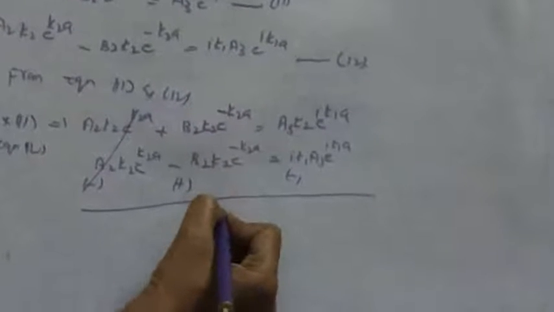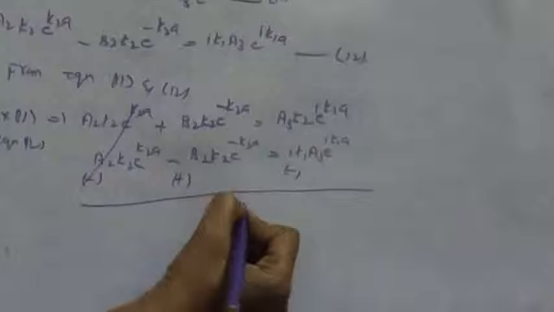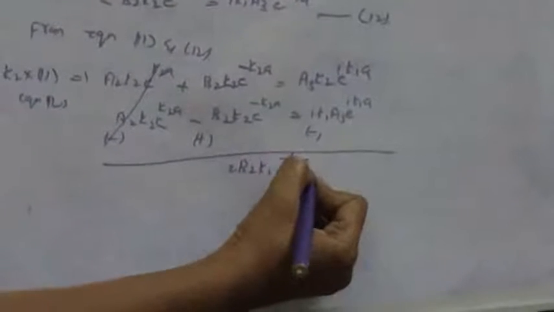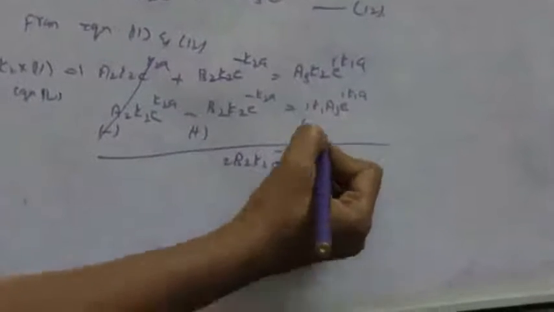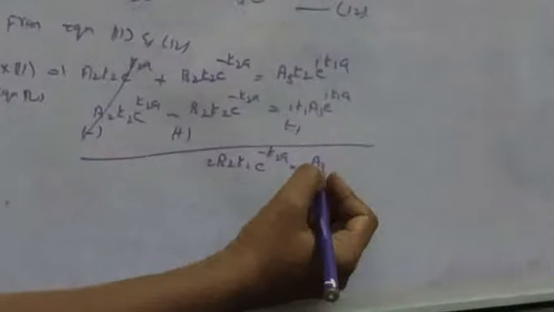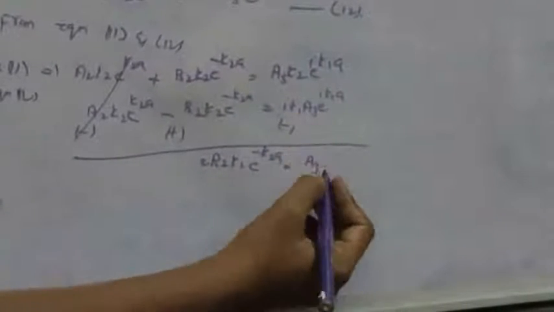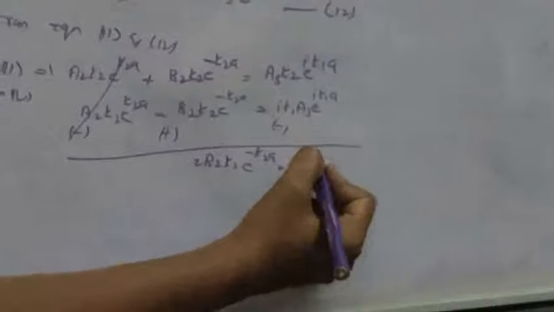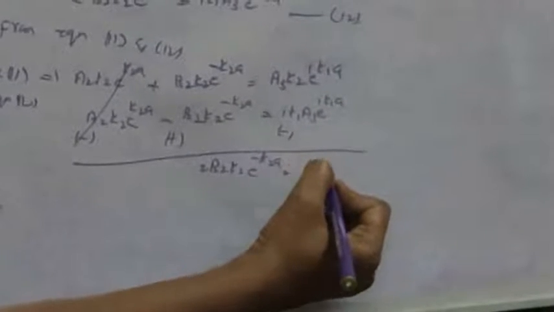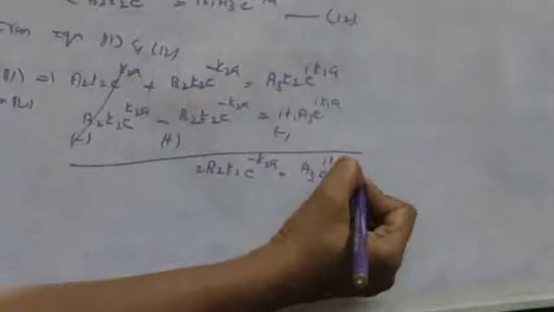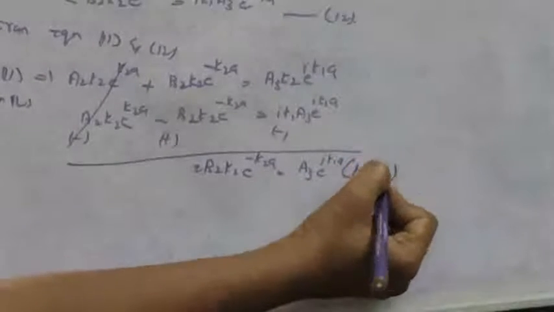So what you will get? 2b2 k2 e power minus k2a is equal to a3, and in both the terms a3 e power i k1a is there. I am going to take it as common, then k2 minus k1 you will get.